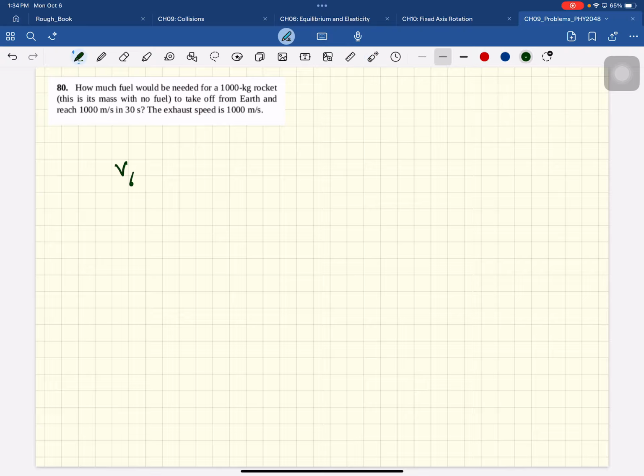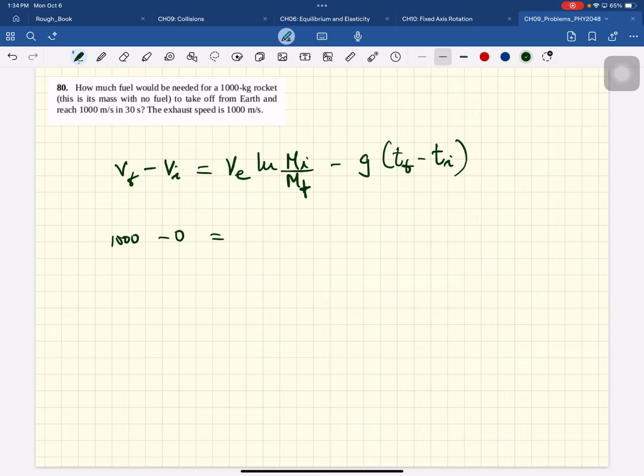So V final minus V initial: the final speed is 1,000 meters per second, exhaust speed is 1,000 meters per second, log m initial over 1,000, minus 9.8 times 30.